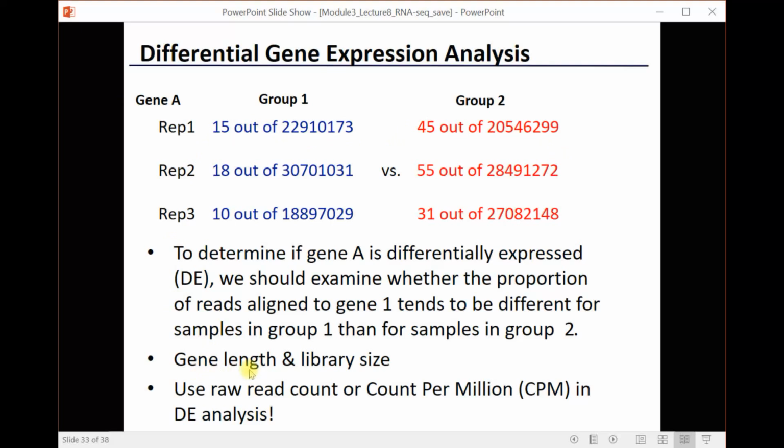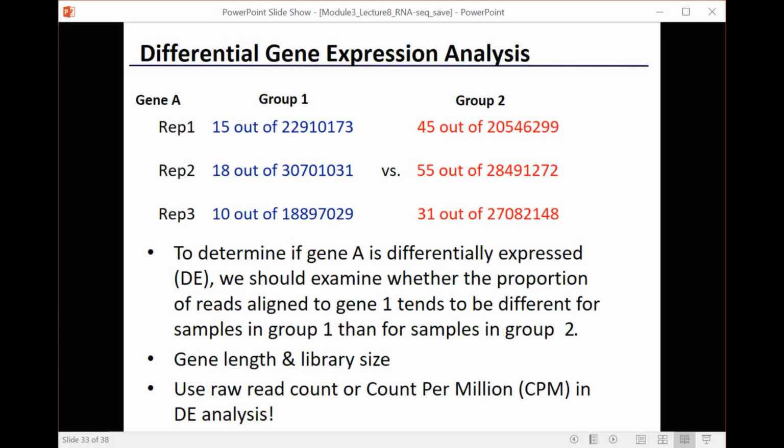But other than that, there is a more important factor we have to think about, that is statistical power. A longer gene, with more reads aligned to it, is statistically more powerful than a short gene with fewer reads aligned to it. Similarly for library size, if we sequence deep and have tons of reads, then statistically it is more powerful to distinguish whether this gene is differentially expressed or not, compared to a shallowly sequenced library.